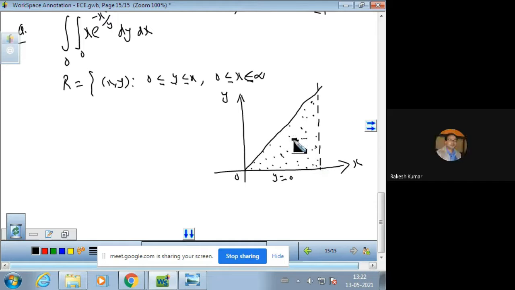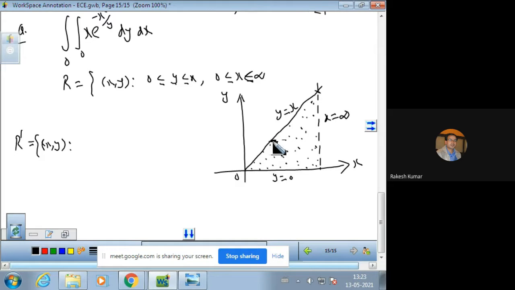Now this is the region of integration we have. This is the line x is equal to infinity. This is y is equal to x. And let us do it now. We know that we have to use the change of order method. So in the new region of integration, the limits of x should be variable now.